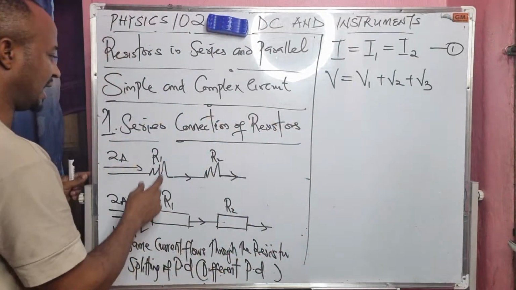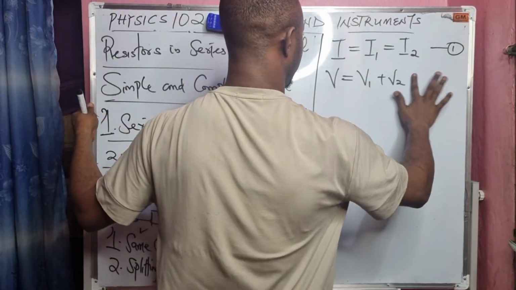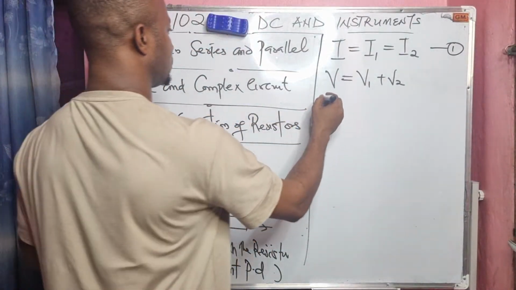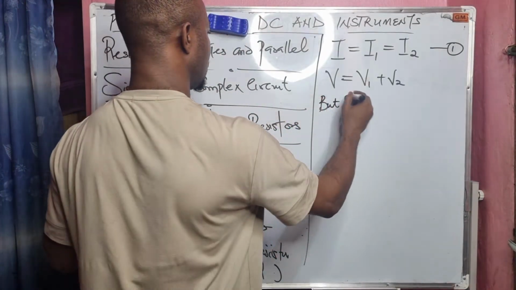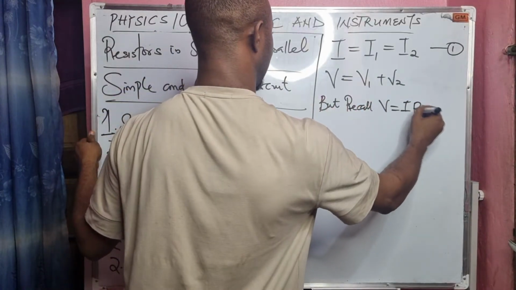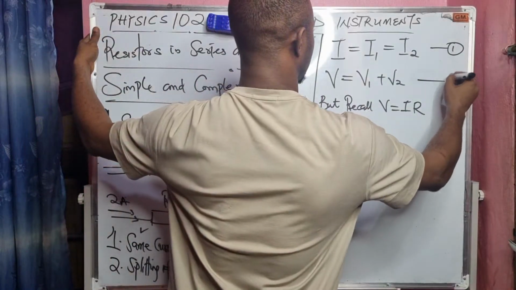Since we are considering R1 and R2, I have to remove V3 from the equation. But recall that V equals IR. Let's call this equation 2.